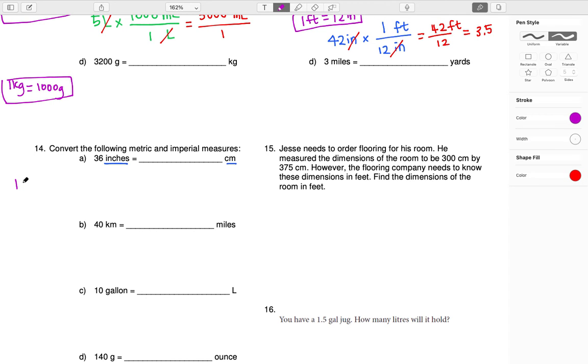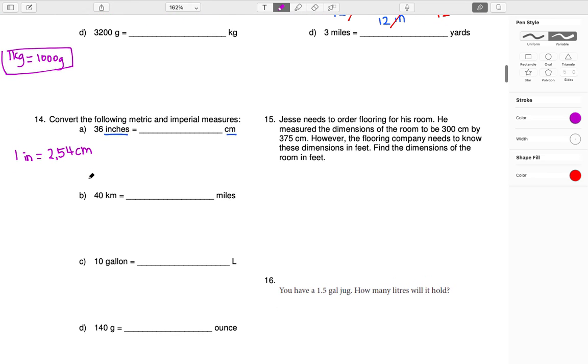So if you look at the table, 1 inch is equal to 2.54 centimeter. And then if you look at the chart, let's try letter C. We know that we're going from gallon to liter. We know that 1 gallon is equal to 3.785 liter. So this is given in the chart.